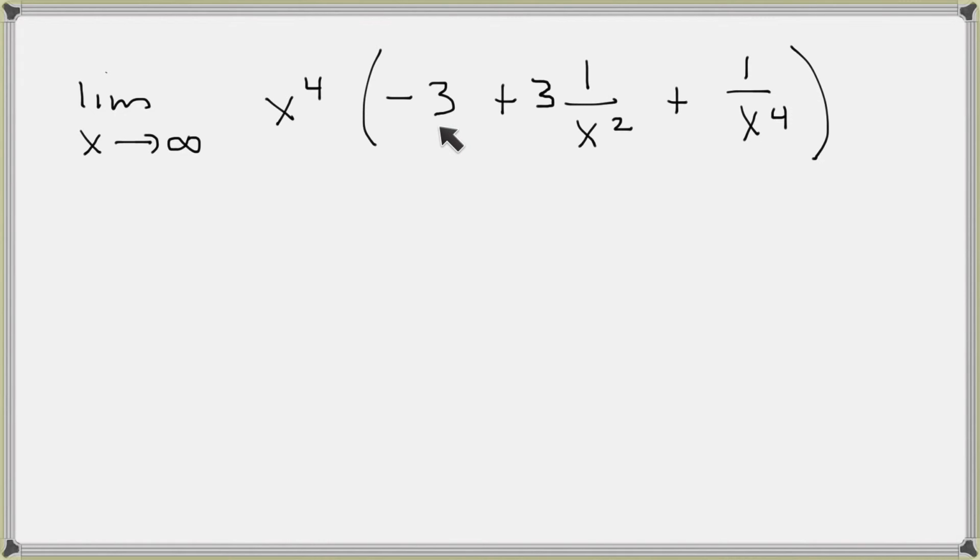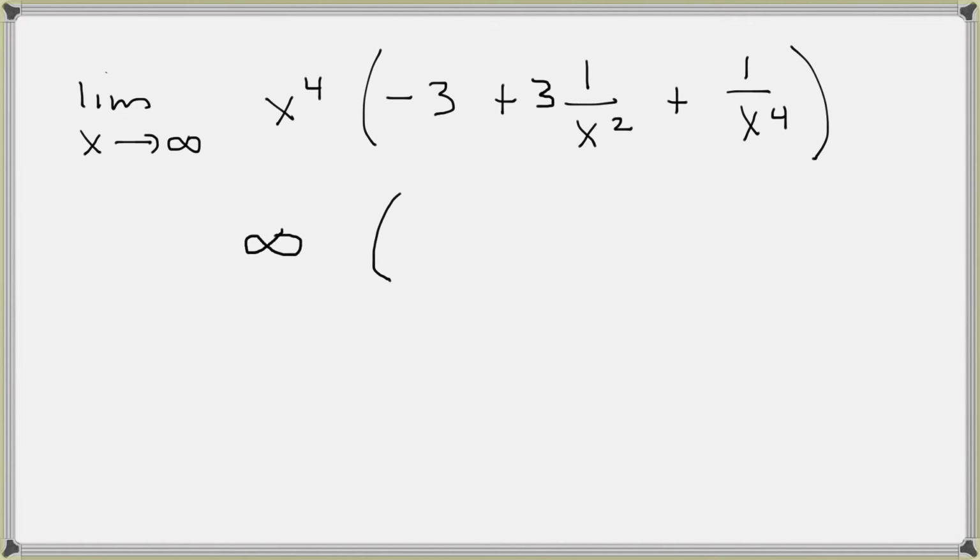With 1 over x squared, remember, that was one of those power functions, 1 over x to some number power, and all of those went to 0 as x went to infinity or minus infinity. So 1 over x squared will go to 0. Also 1 over x to the fourth will go to 0 as x goes to infinity. So here we are really relying on those rules about the power functions, what their limits were as x went to infinity.